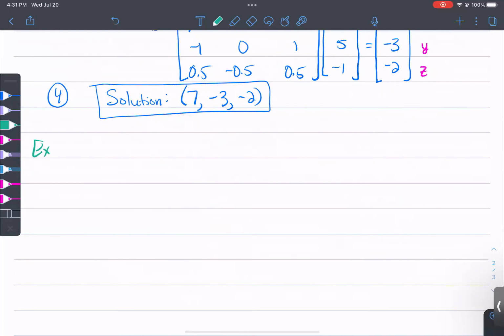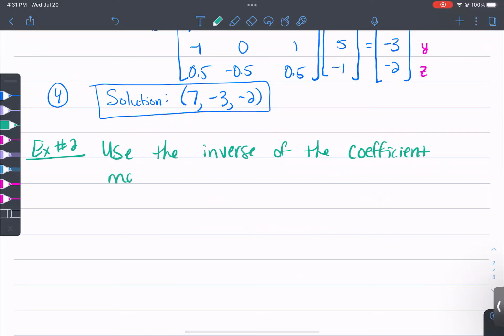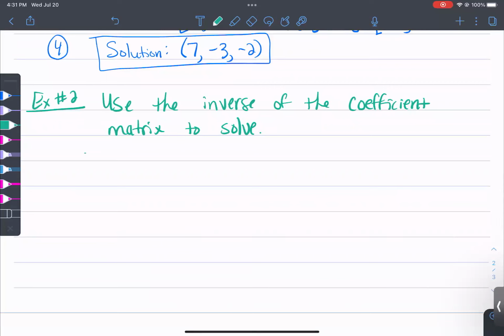Okay, example number 2. We're going to use the inverse of the coefficient matrix to solve. So rather than giving it to us as equations, that statement is said first, then the system is given.